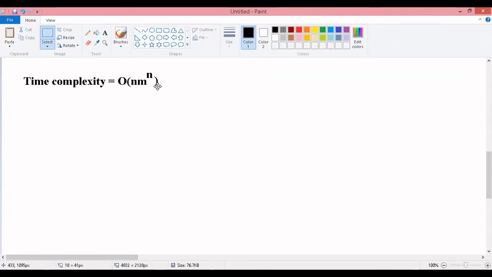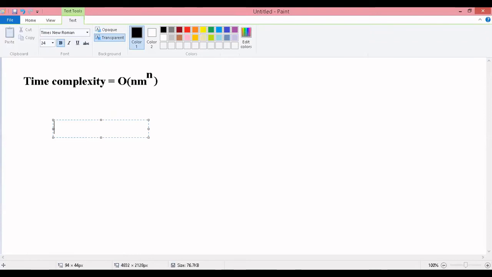This is the time complexity given, students: n times m to the power of n. Suppose we calculate for this. Here, there are n equal to 4 nodes and m equal to 3, that is nothing but colors.